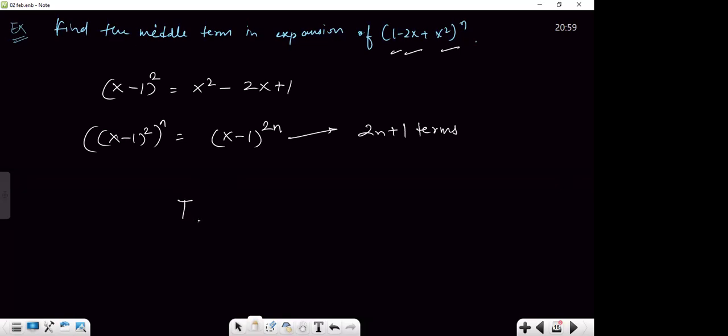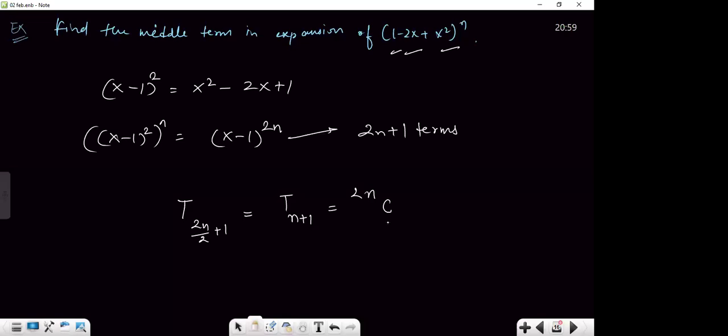That will be T raised to power 2n by 2 plus first term, that is T(n plus 1), where n is, sorry, 2n here, my bad.